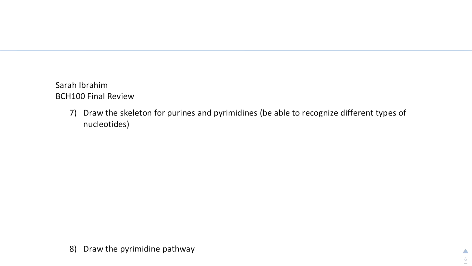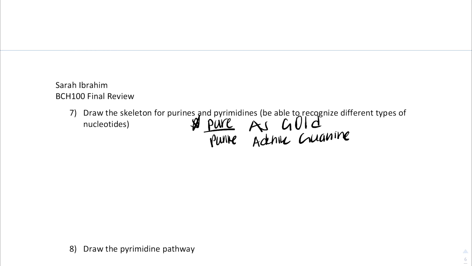A way I like to remember which ones are purines is pure as gold. So purines are the adenines and guanines. So if you can remember this, then you'll know that the other ones are pyrimidines.